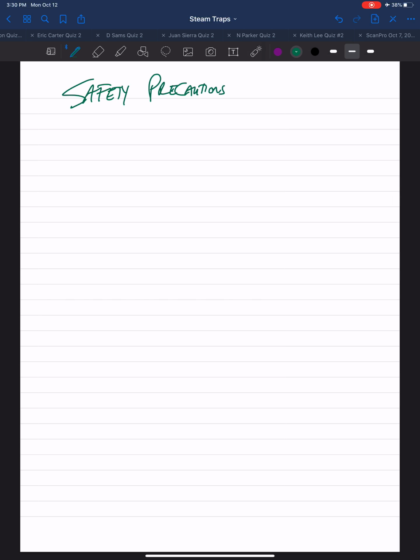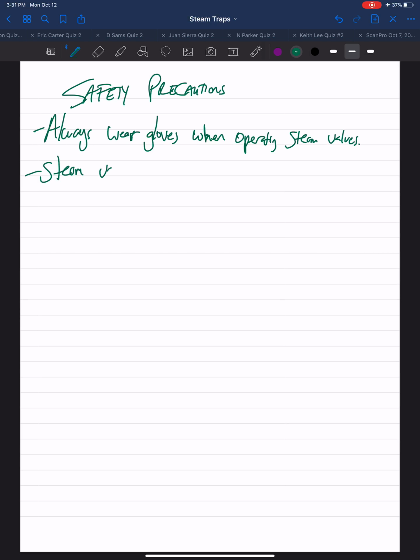Safety precautions. Always wear gloves when operating steam valves. Steam valves should never open rapidly.